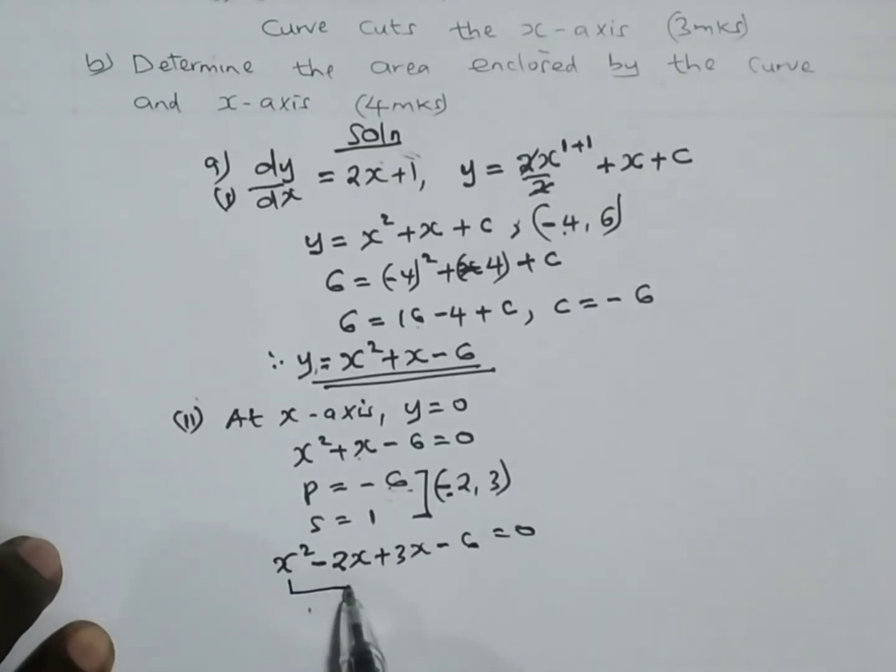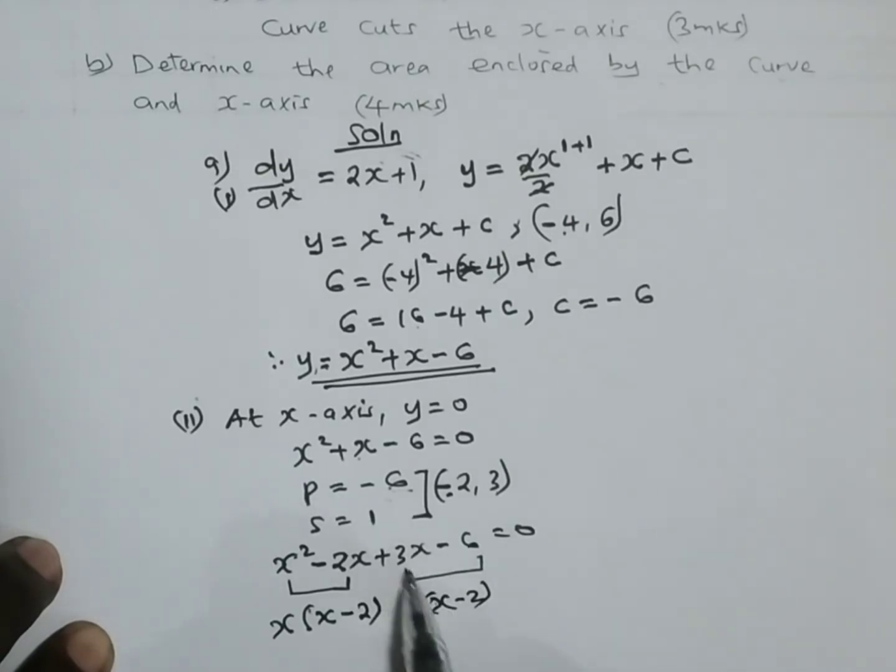From there, now we factorize them in pairs. Between x squared and minus 2x, x is common, so we factor it out into x, and we remain with x minus 2. Once you have this bracket here, just place it here.